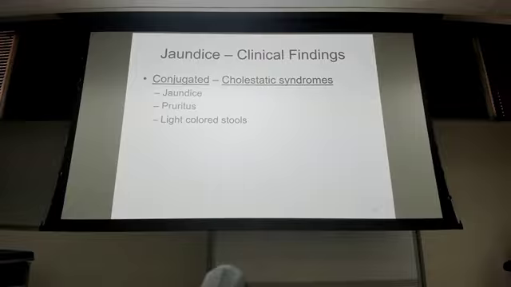If we have cholestatic syndromes, cholestatic meaning what? Okay, yeah, the flow of the bile, right? Well, most of the time it's gallbladder, but something's happening with the flow of the bile. But if it's cholestatic findings for increased bilirubin of the conjugated type, jaundice with pruritus and light colored stools, I would know this slide.